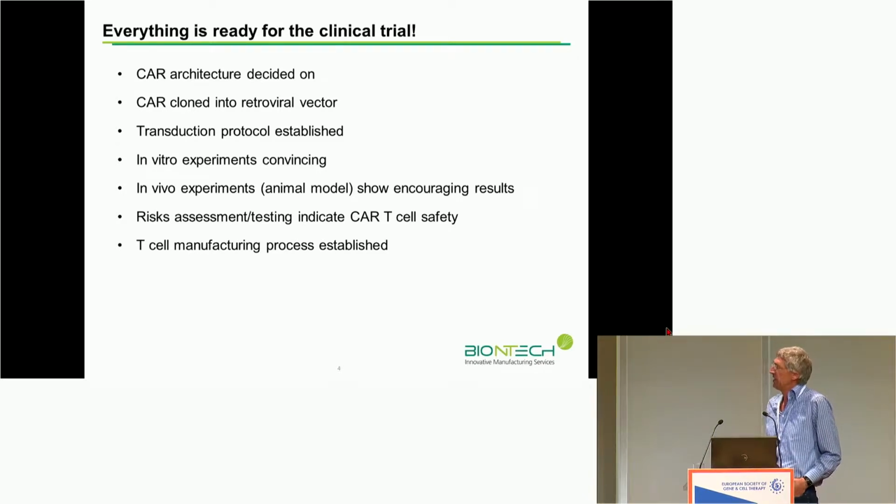You have very convincing in vitro experiments, your CAR T cells kill the target cells as expected, and you even have in vivo experiments in an animal model showing encouraging results. The risk assessment shows you have a safe strategy, and you think your T cell manufacturing process is established.